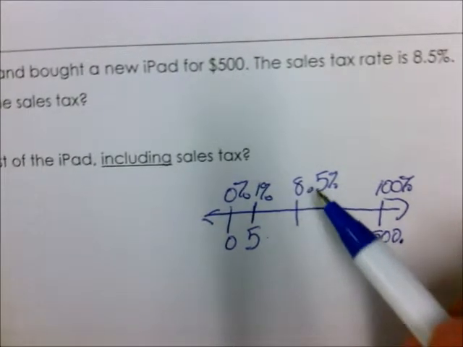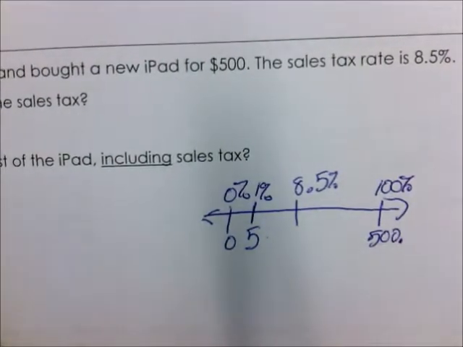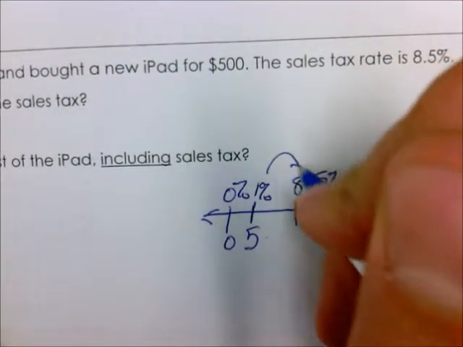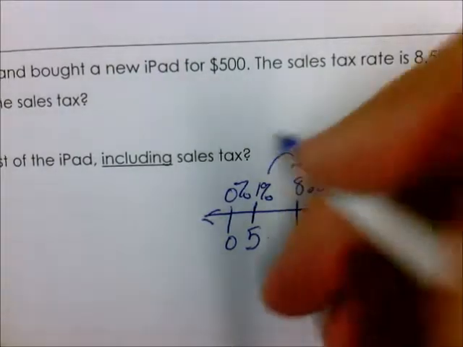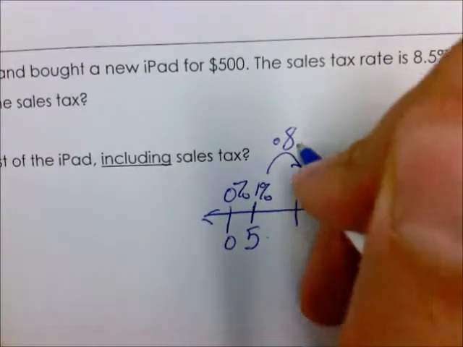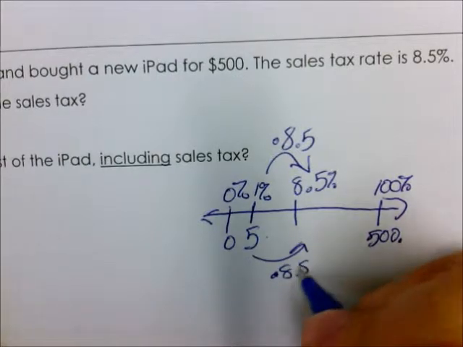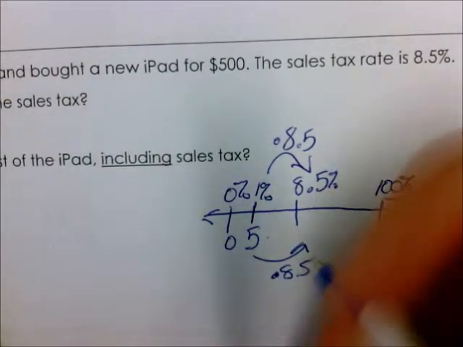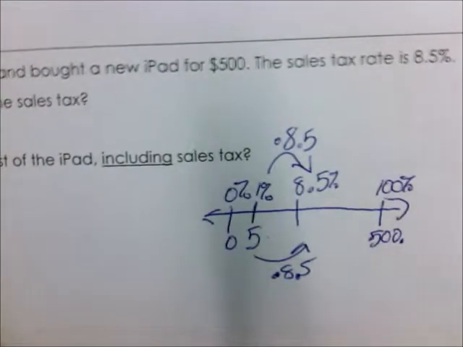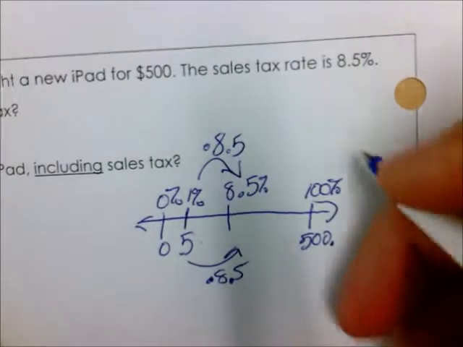Well, I need 8.5%. So I just have to ask myself, how do I get from 1 to 8.5? Well, that's times 8.5. There's a decimal right there. Okay, well, that means I just have to do a little bit of multiplication.